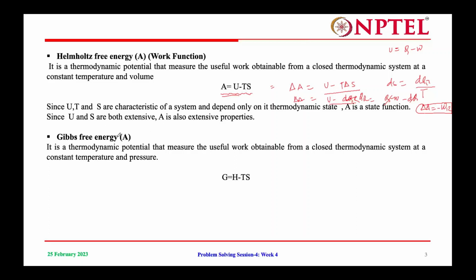Similarly, the Gibbs free energy is a thermodynamic potential that measures the useful work obtainable from a closed thermodynamic system at constant temperature and pressure. Here H and T are state functions, so G is also a state function, and H and S are both extensive, so G is also an extensive property.